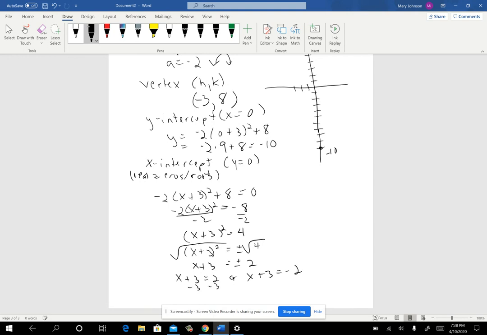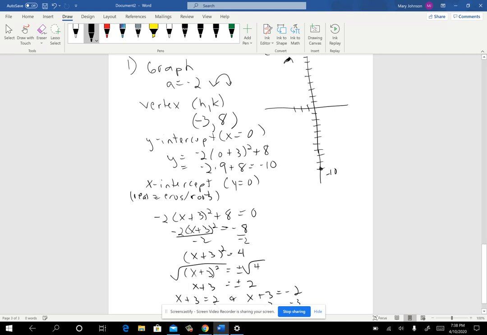Then you subtract 3 from both sides on each of these, and you get your 2 x-intercepts. So we know it crosses the x-axis at -1 and over here at -5. That information allows you to get your parabola, and it's going to look something like that.